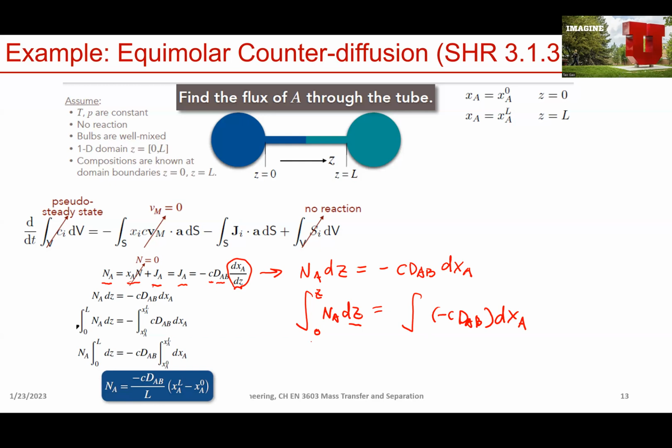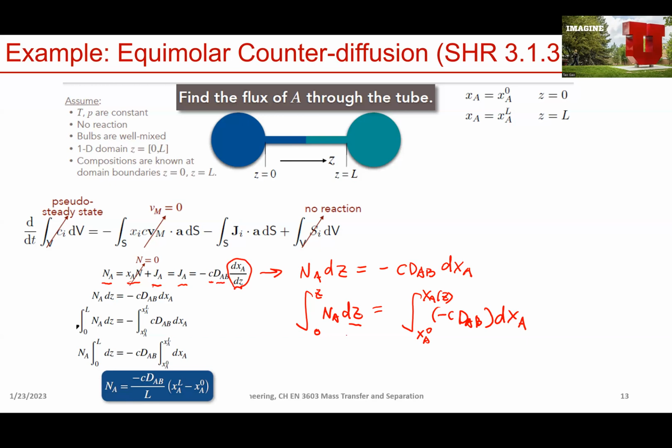XA at location 0 is xa0, and at location z it's xa z, which is unknown. We don't know. That's something we need to solve. Now we have this equation.